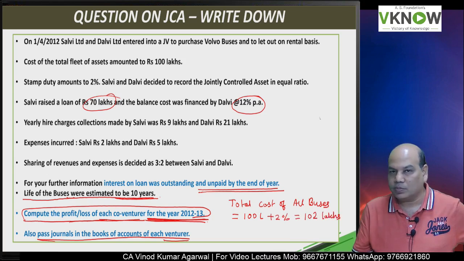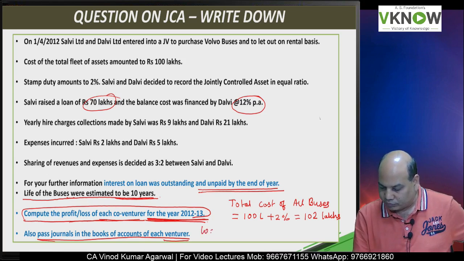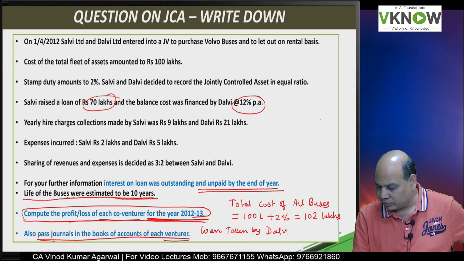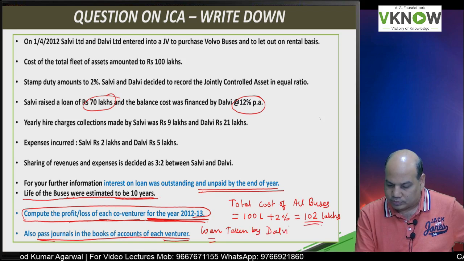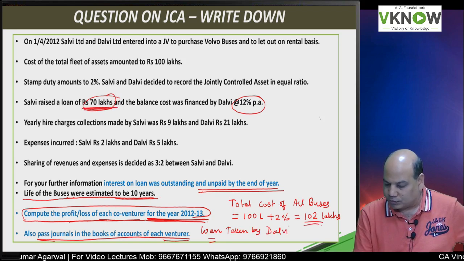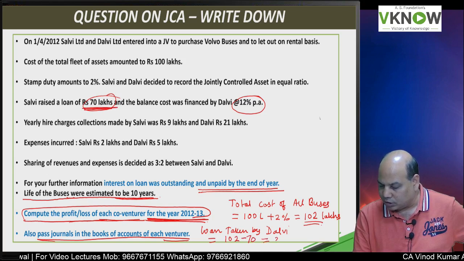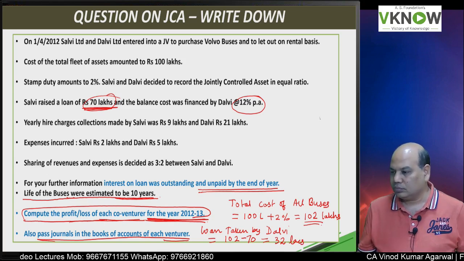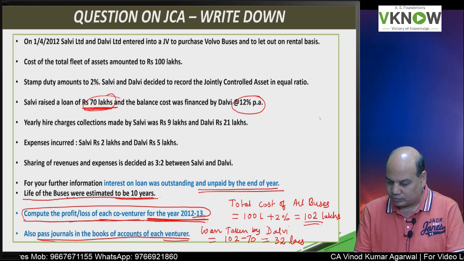Second, write down loan taken by Dalvi. Total cost is 102 lakh. Salvi has taken a loan of 70 lakh. Therefore, Dalvi will take a loan of 32 lakhs.